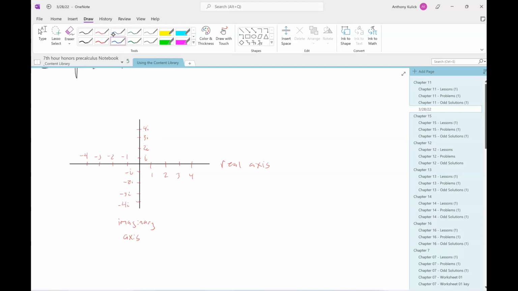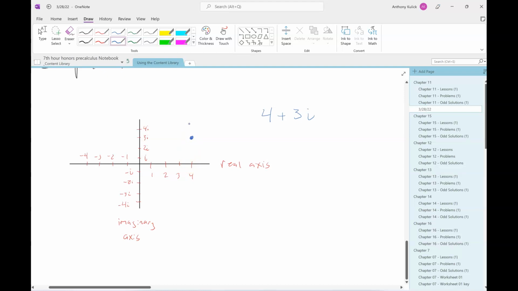So here's a labeled complex plane. If I wanted to plot on the complex plane 4 plus 3i, I would count 4 over on the real axis and 3 up on the imaginary axis.